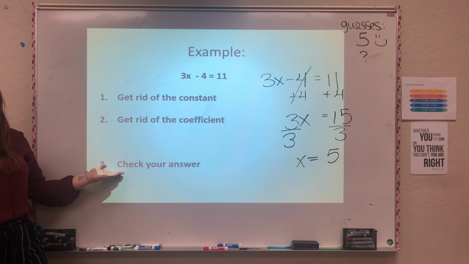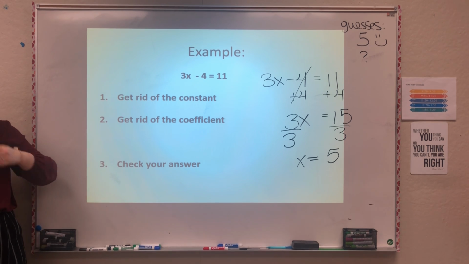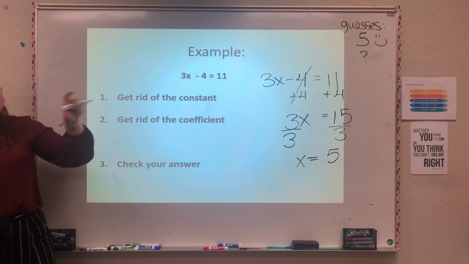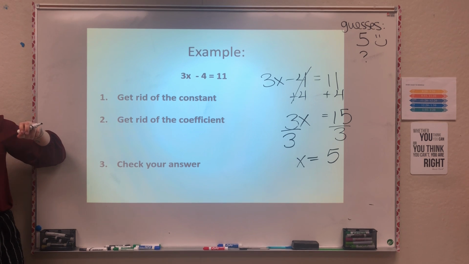We learned this idea yesterday. I saw you doing it like 20 minutes ago. How do you check your answer? 5 take away 11. Not quite. How are you doing it on the do now? Those questions at the top of the page.